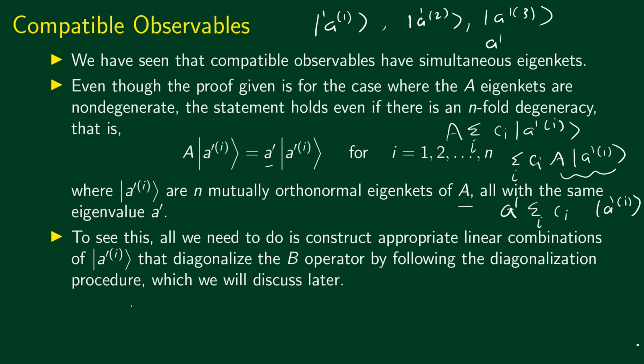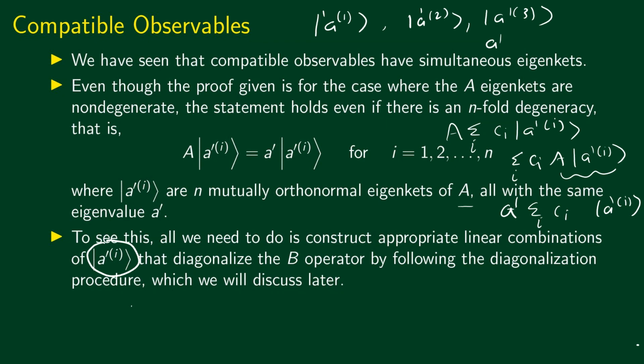These linear combinations can be chosen as the base vectors, and in that basis, B and A would both be diagonal. That's the idea. We'll be discussing the diagonalization procedure later on. This is just to give an idea.